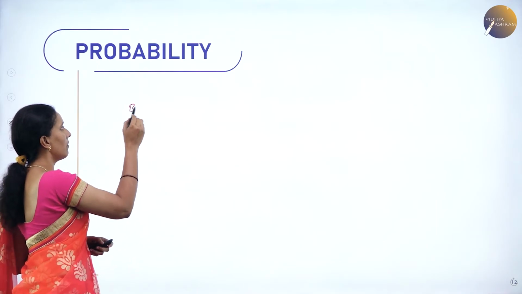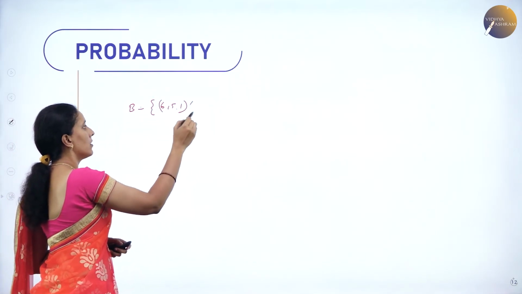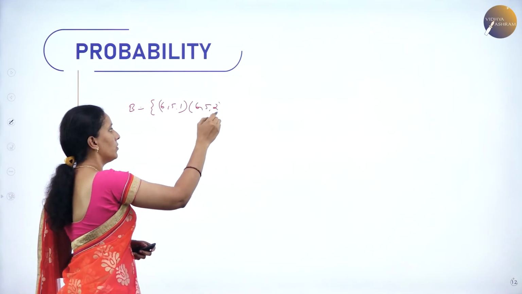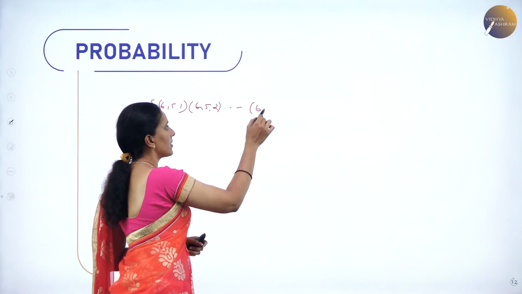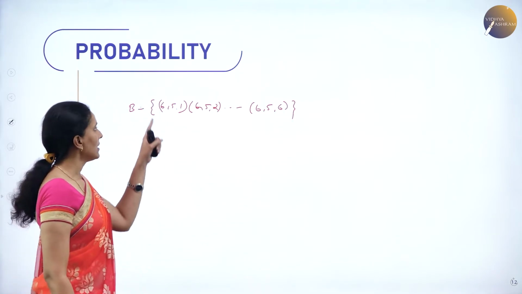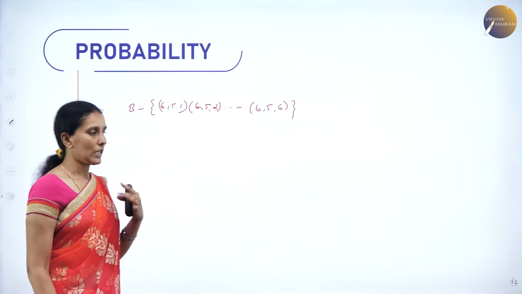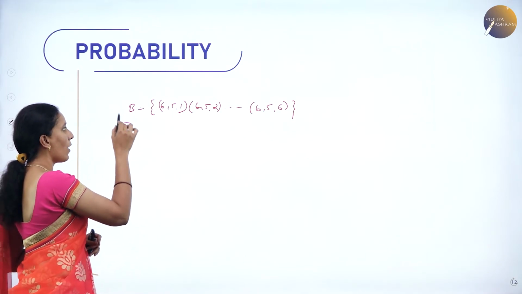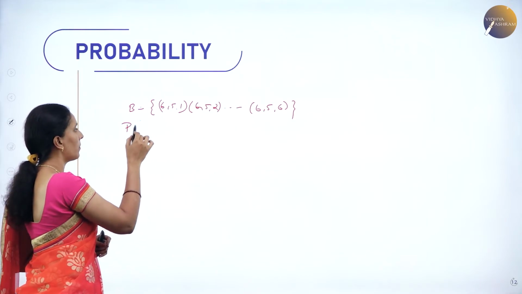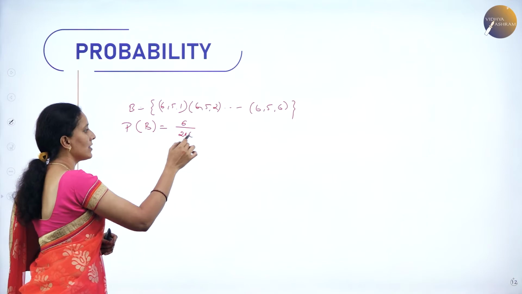For set B we can have 651, 652 until 656. That is only 6 outcomes, so the probability of B is 6 divided by 216.